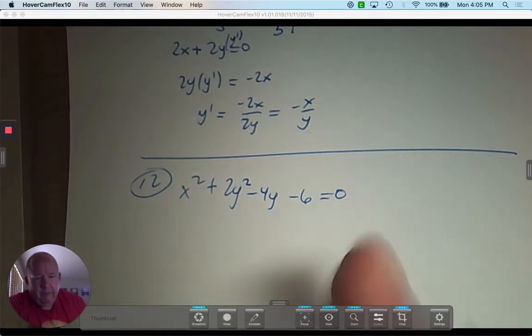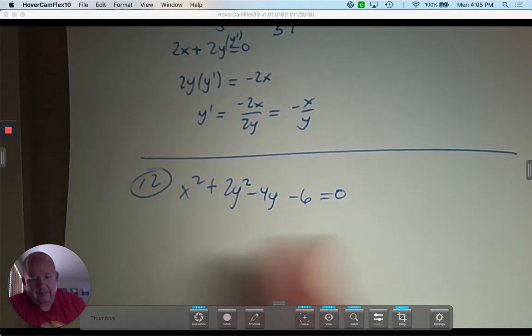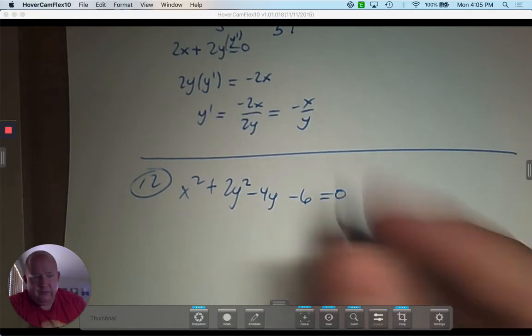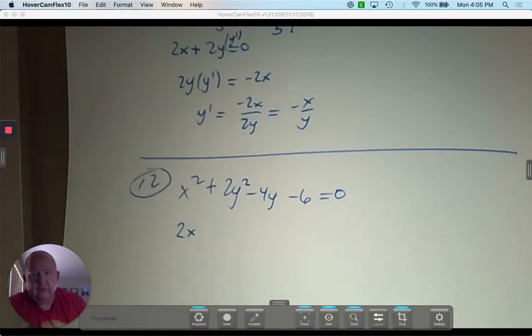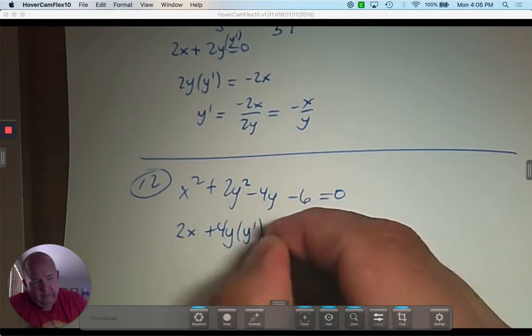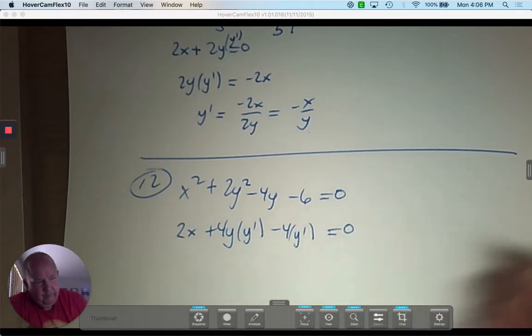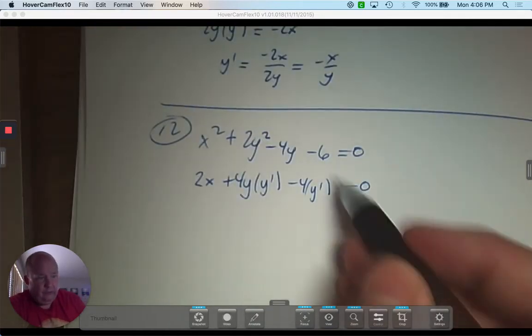The slope of a horizontal line is 0. Horizontal tangent line means the same thing. So I'm going to take the derivative. Let's do that first. Make sure that whenever you have a y involved, you need a y prime. Know the derivative of negative 6 is 0. That's why it's there.